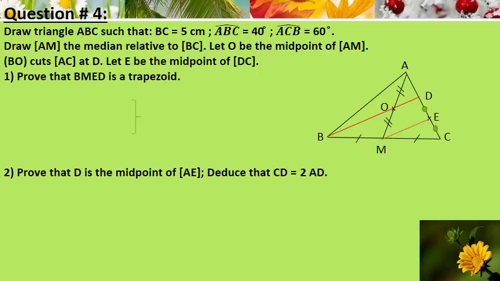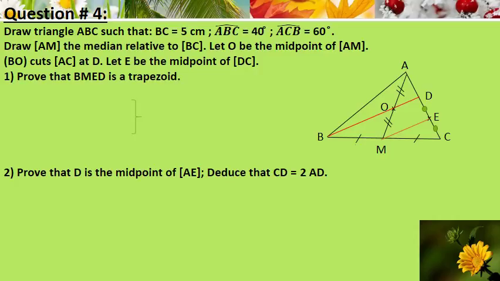We should draw AM, the median relative to BC. I repeat, as I say always, in geometry we should put marks, okay? When we draw the median AM, we know that M will be the midpoint of whom? Of BC. So we should put a mark that BM is equal to what? To MC, okay?